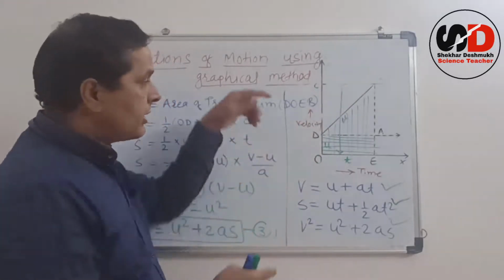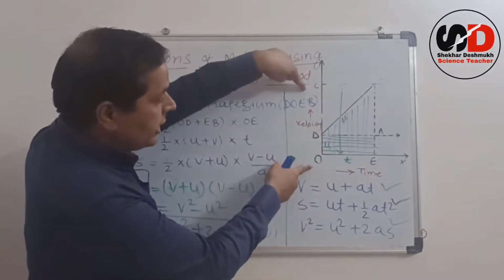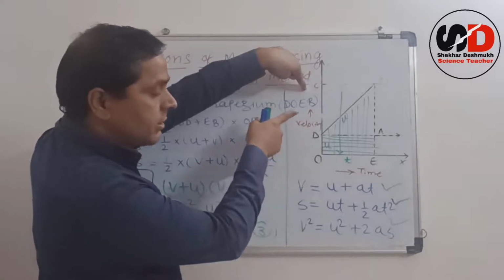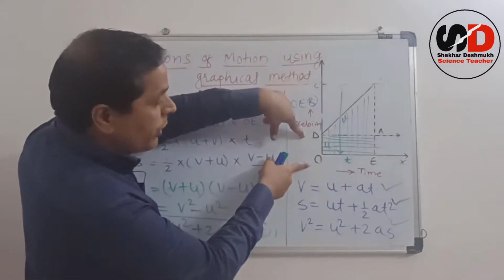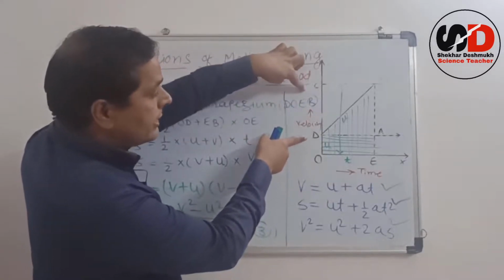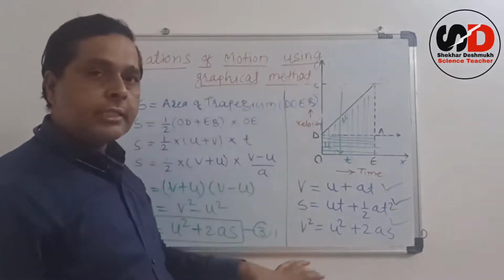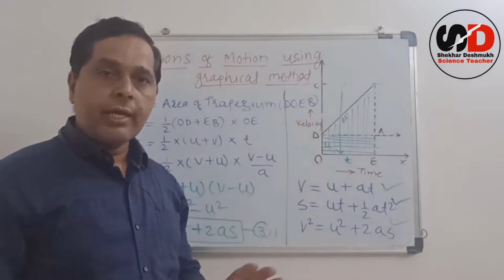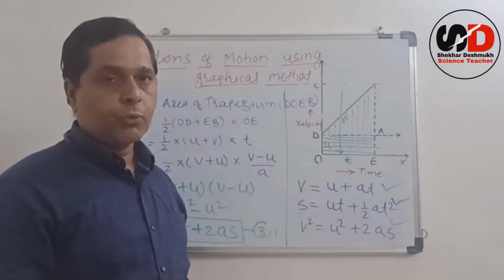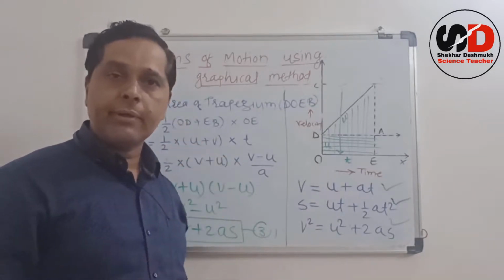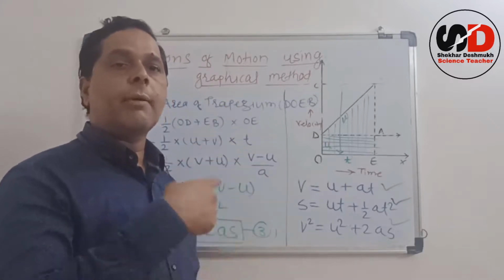So what is change in velocity? OC minus OD is equal to CD, change in velocity. So what is CD? CD is equal to AT. हे आपण पहिल्यांदा प्रूव्ह केलं, इक्वेशन नंबर 1 दिलं त्याला आपण, आणि नंतर त्याचा यूज आपण सगळीकडे करतोय.